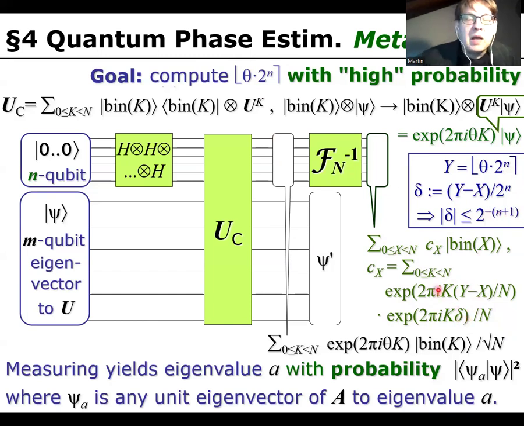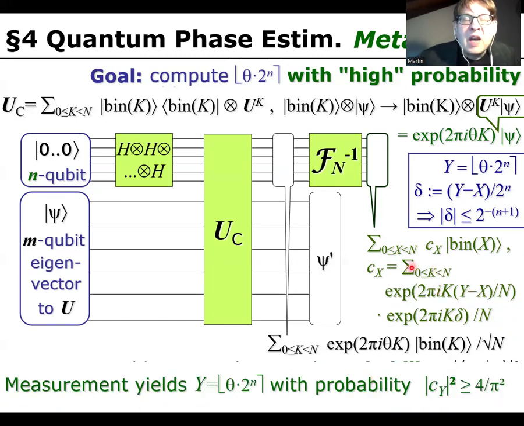And then do the math and apply the axiom about the probability, namely the final measurement, which we then apply here, yields the desired value with a probability which is given by the absolute value of this complex weight squared. And again, some mathematical calculus, which is interesting but not the central topic of today's lecture, shows that this is at least 4 over pi squared.